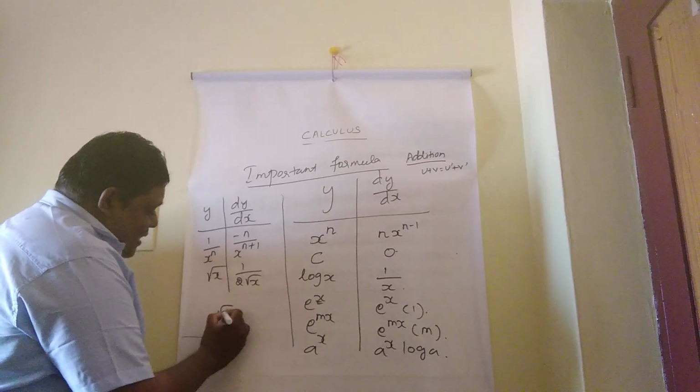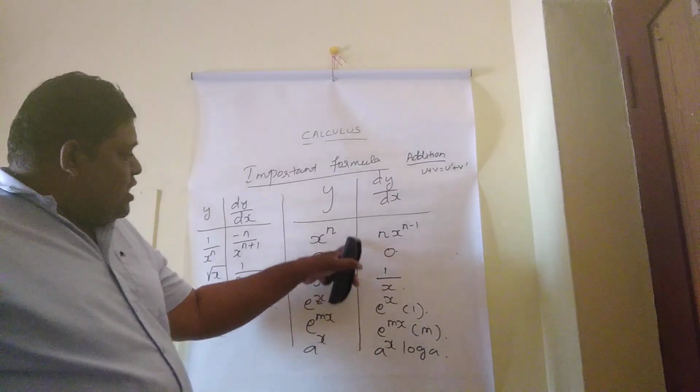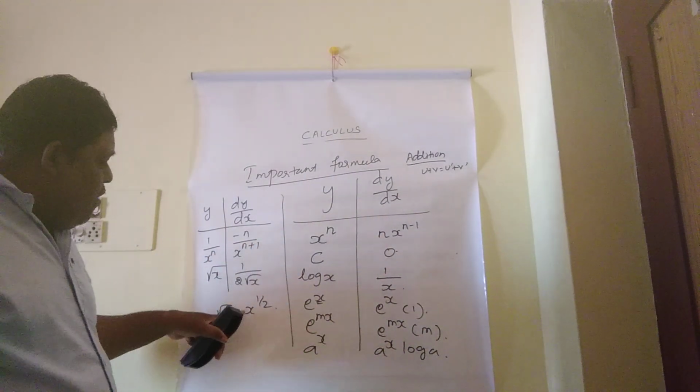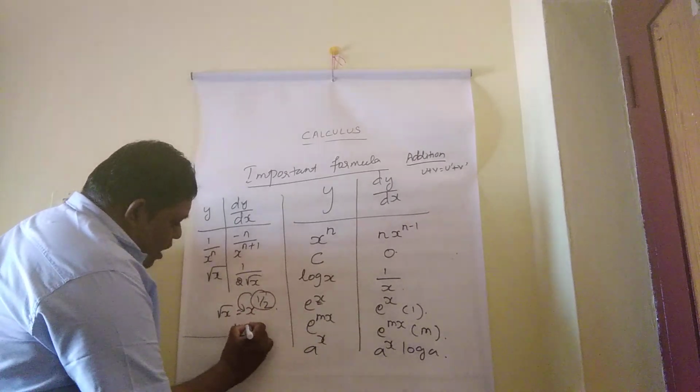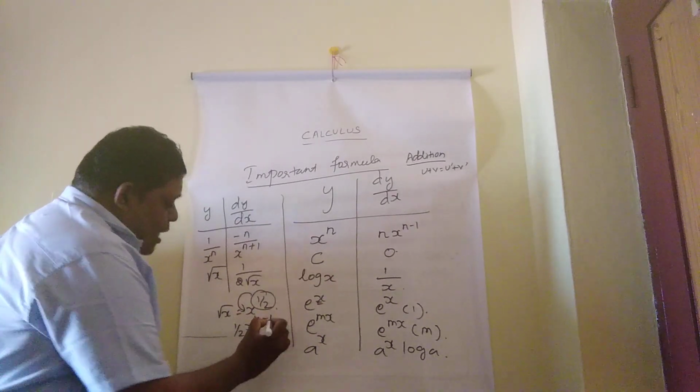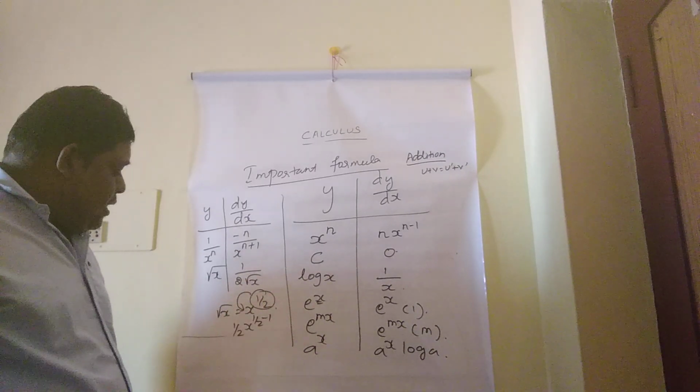For example, root x can be written as x to the power 1 by 2. Now we use the first formula. The power term comes to the front side, so 1 by 2 comes in front, and the power is reduced by 1. So 1 by 2 x to the power 1 by 2 minus 1.